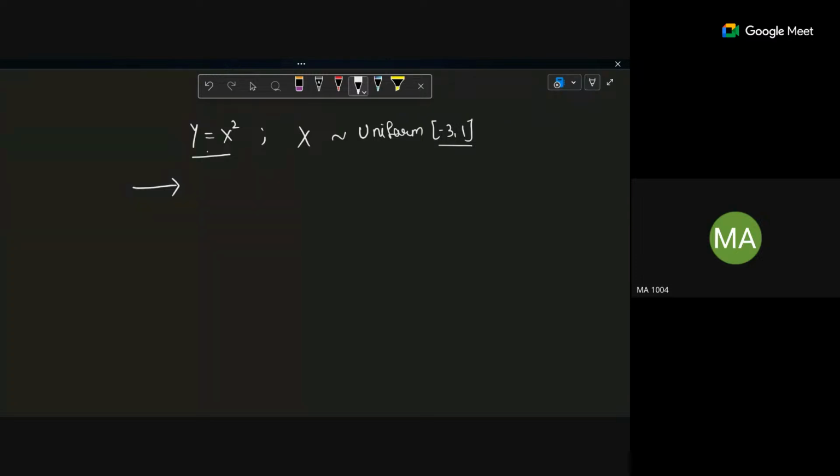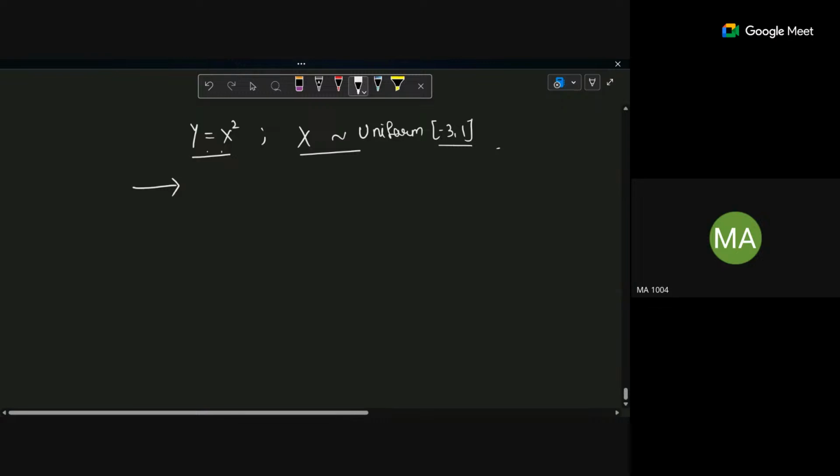Whenever the question gives you a continuous random variable and its support, obviously it is not mentioned in words that this is the support. You have to understand that -3 to 1 is the support here, and the random variable is given to you.